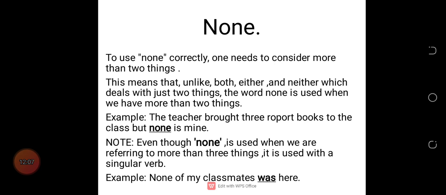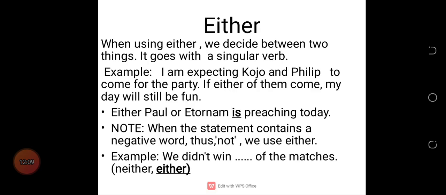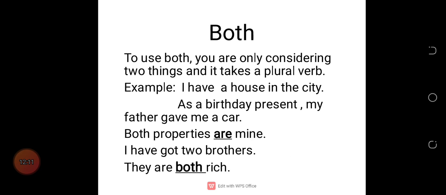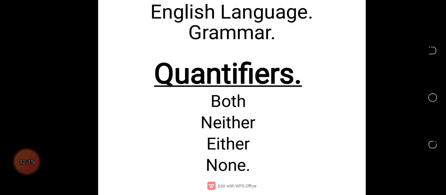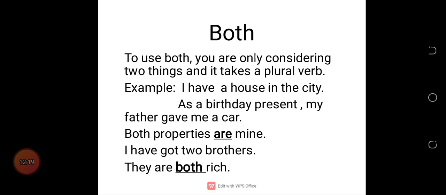So briefly today we have looked at 4 quantifiers. We've looked at both, neither, either, none. And we said that when we use both, we are referring to 2 things. Hence, the right verb to use is a plural verb. We gave some examples to explain further.